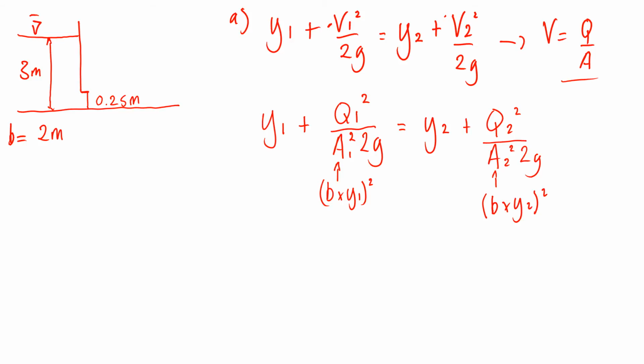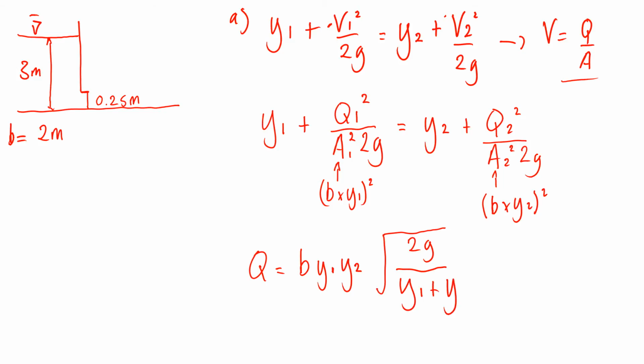If you were to do that, you'd find q is equal to b times y1 times y2 times the square root of 2g over y1 plus y2. So then that is your final equation you would come up with.